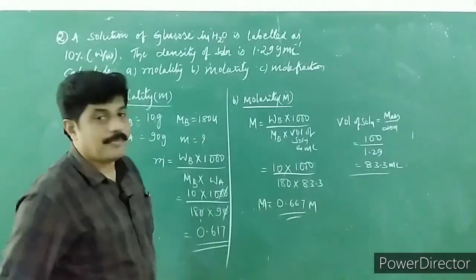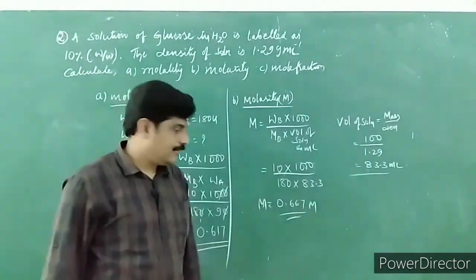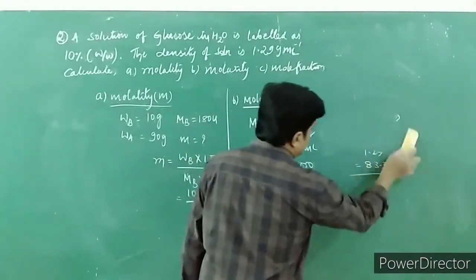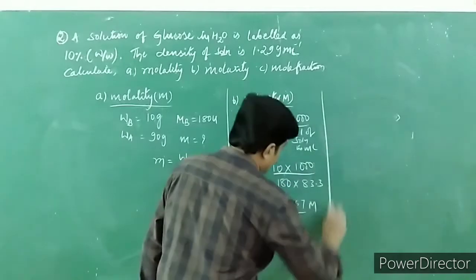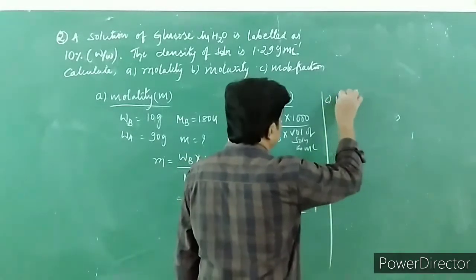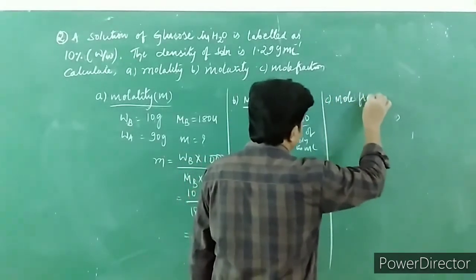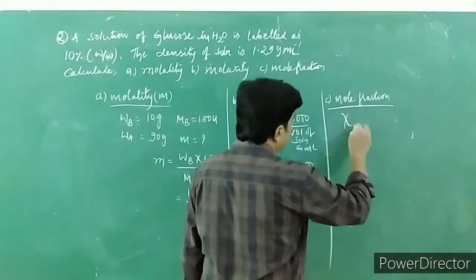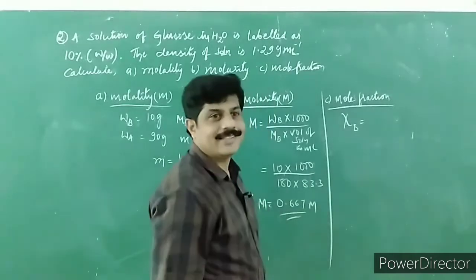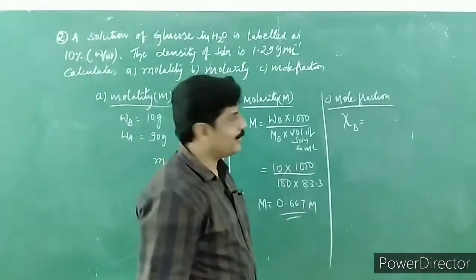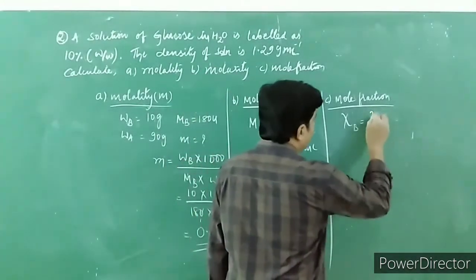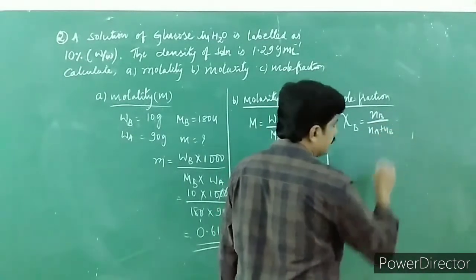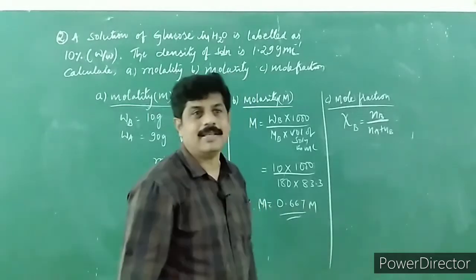Next part is, what is that? Mole fraction. And here is the formula for mole fraction: Xb is equal to Nb upon Na plus Nb.